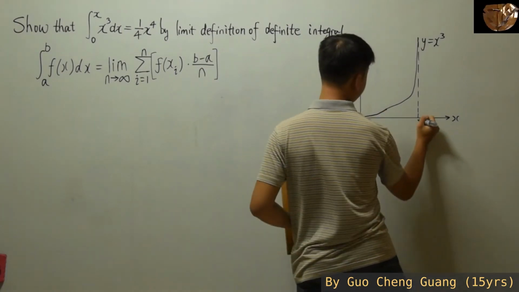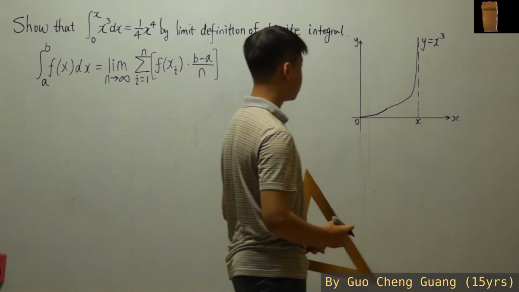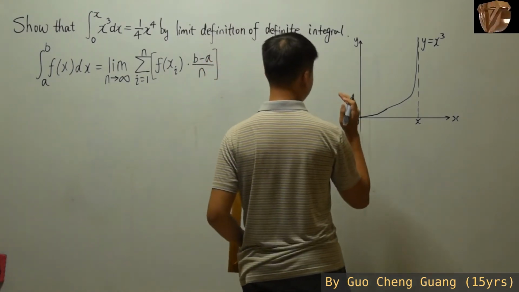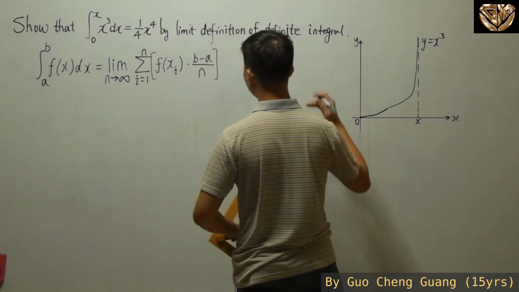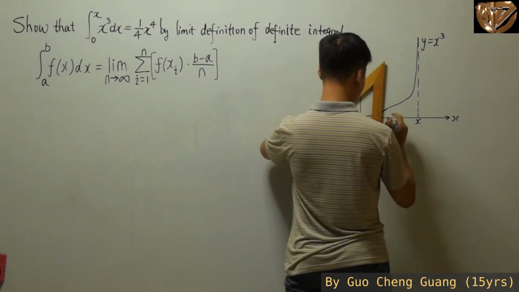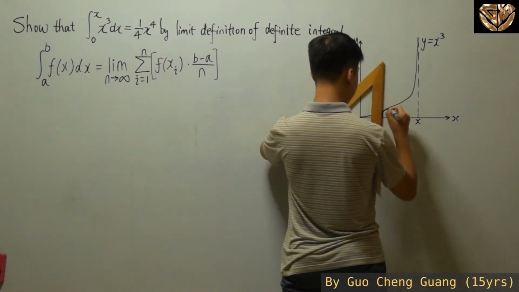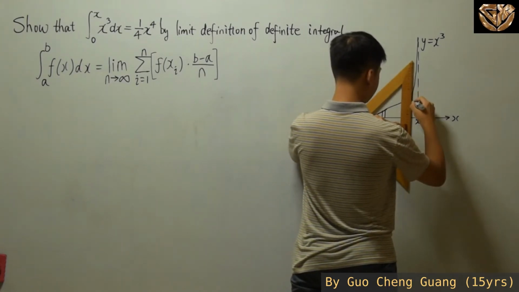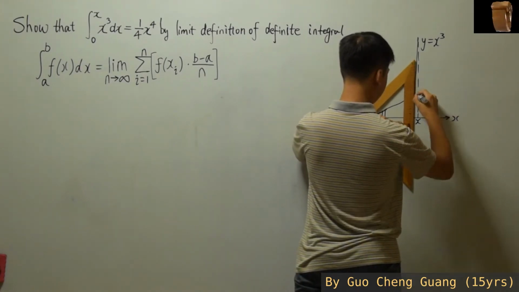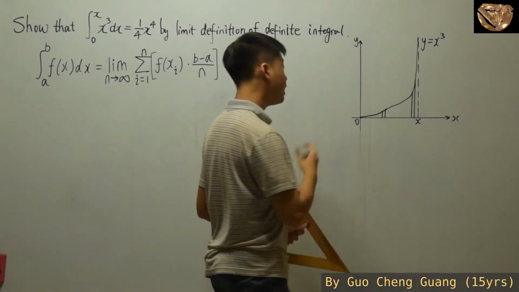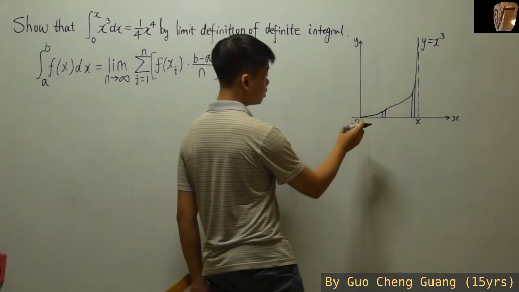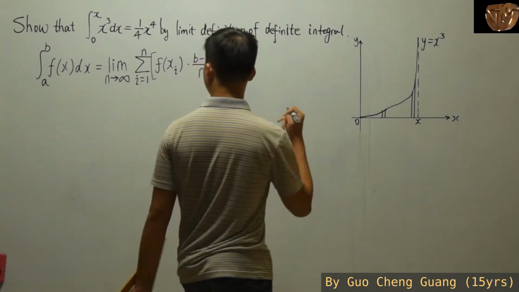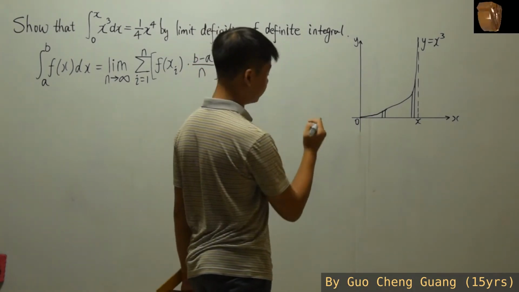So let's say this point here is an x. And of course, how are we going to separate this graph here again? Well, we're going to cut it into small little segments. Alright, so many of these pieces from 0 all the way to x, and that is how we're going to find the area under the curve.